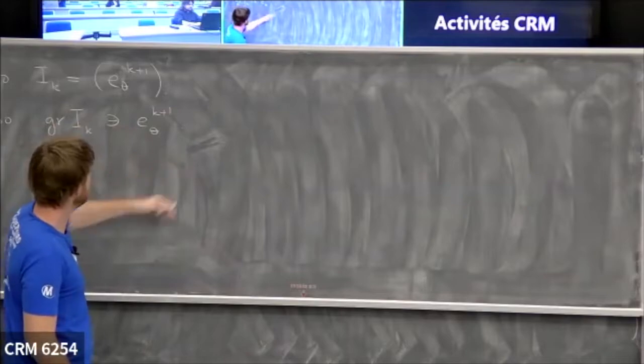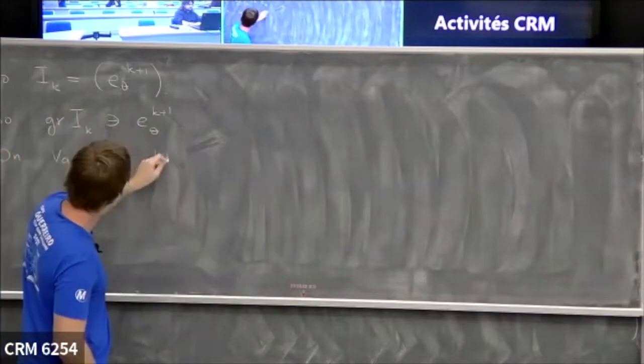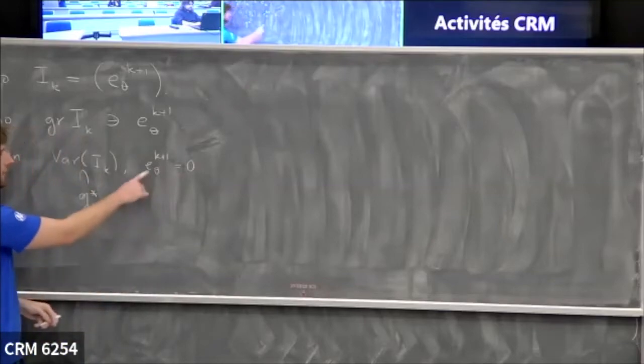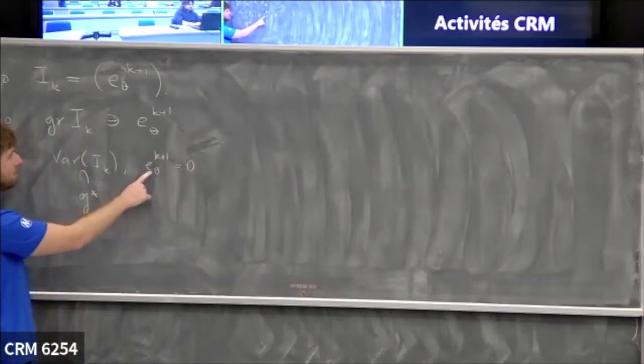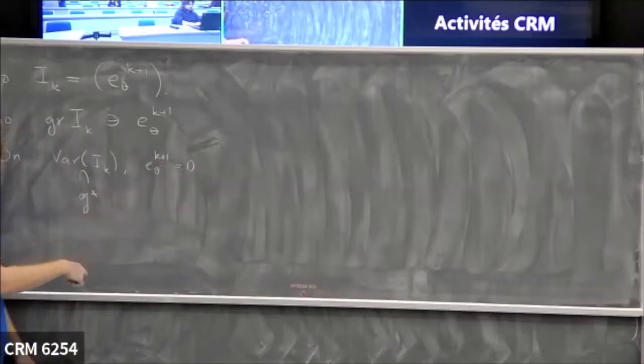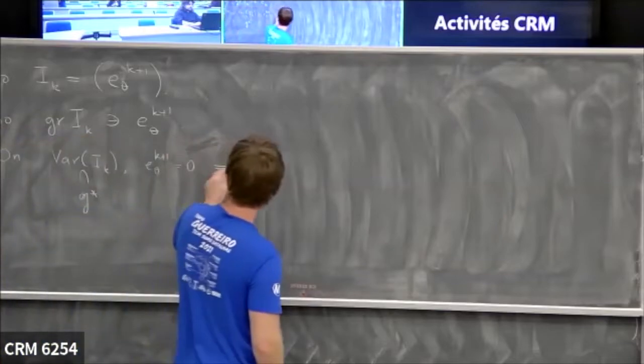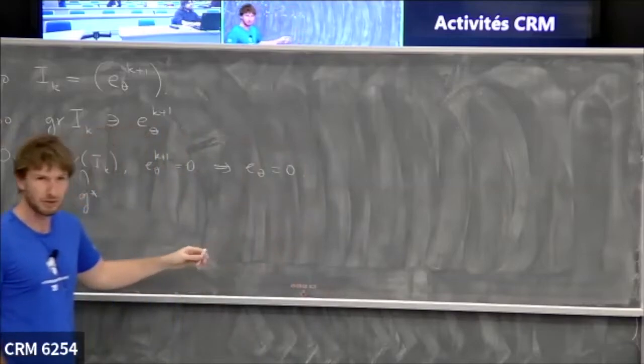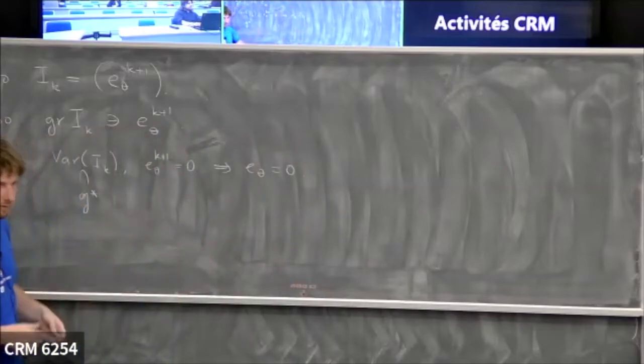Let's go back to this. In particular, this means that this is a subvariety in G star. And we know that this linear function, to that power, annihilates it, which implies that it equals 0, because it's a Nullstellensatz type thing.